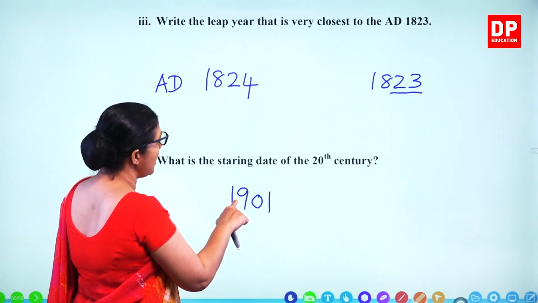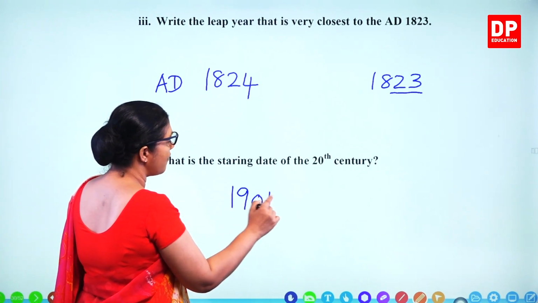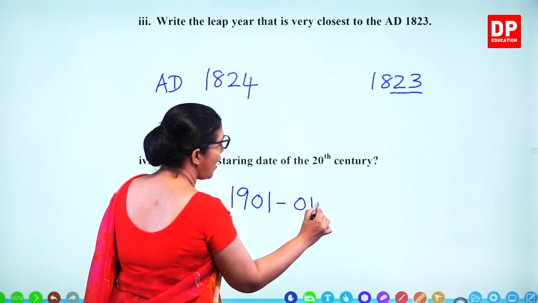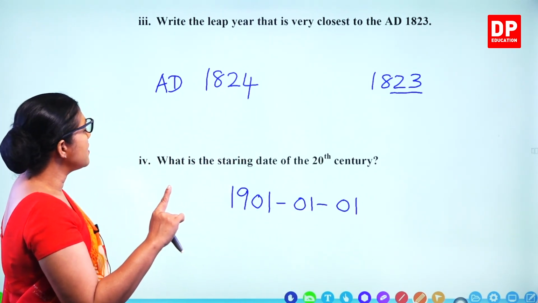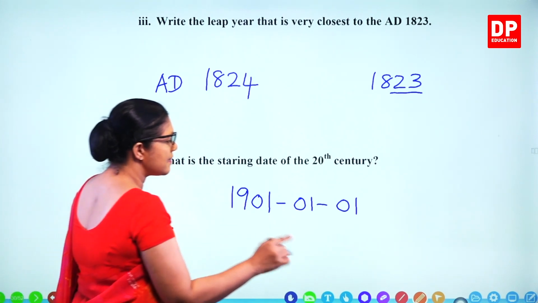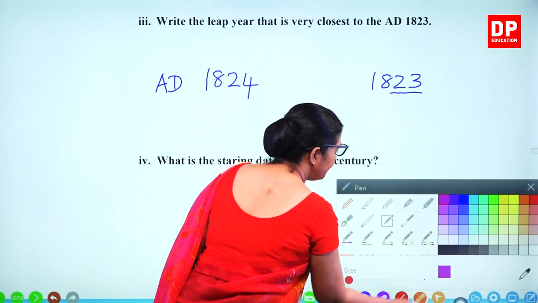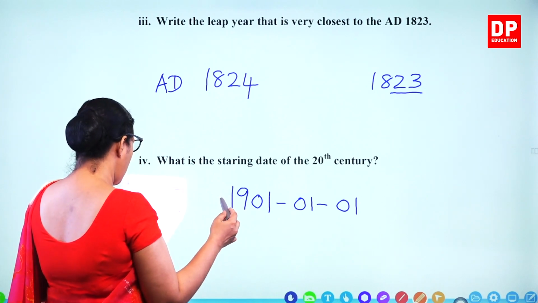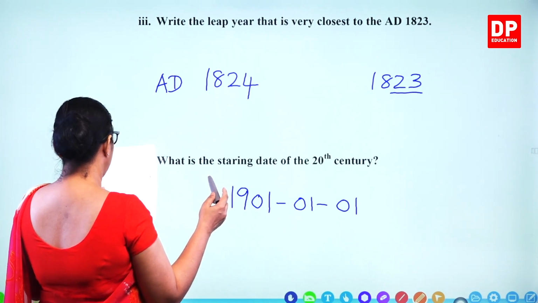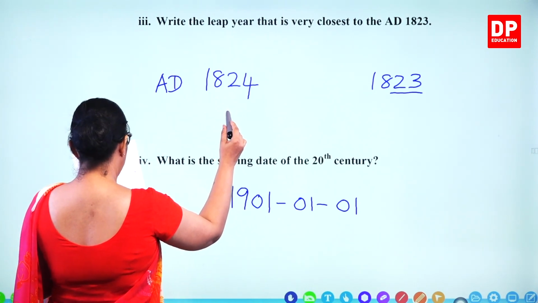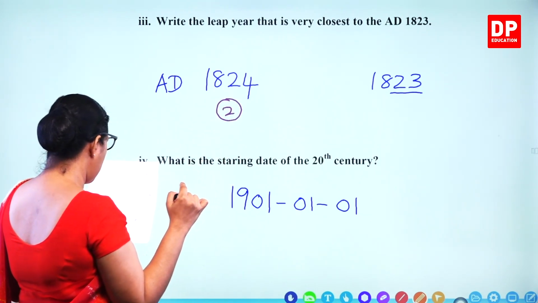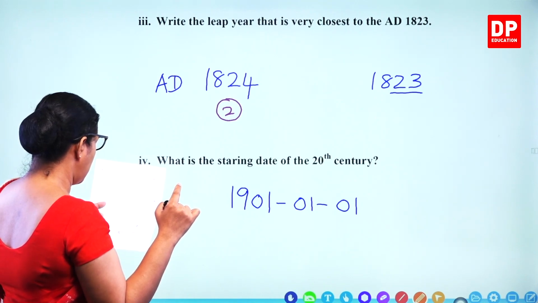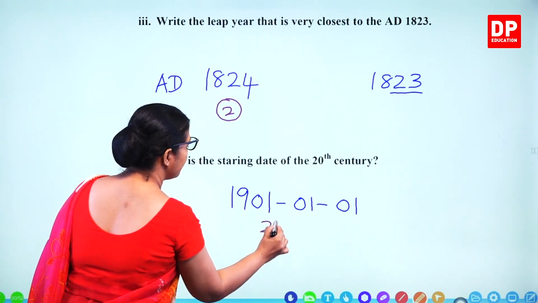So the starting date is 1901, January 1st, the starting date of the 20th century. Here you get 2 marks, and here 2 marks for this date.